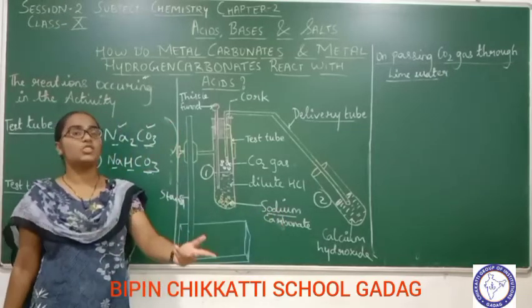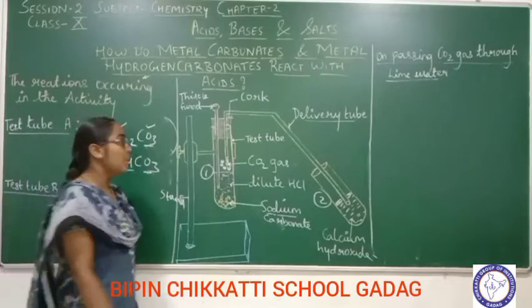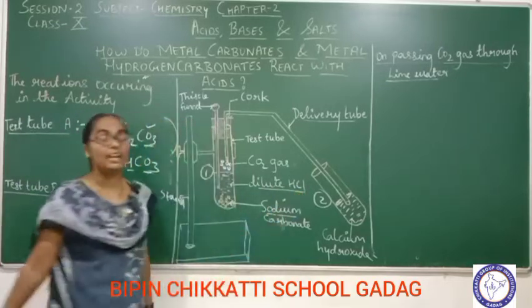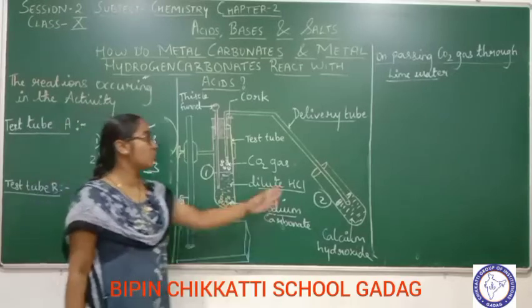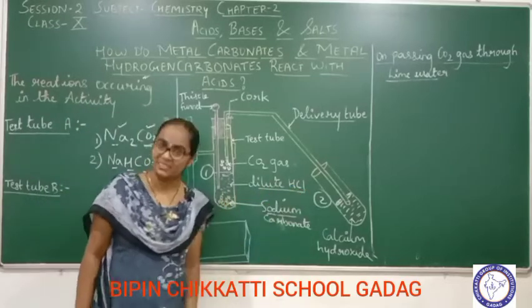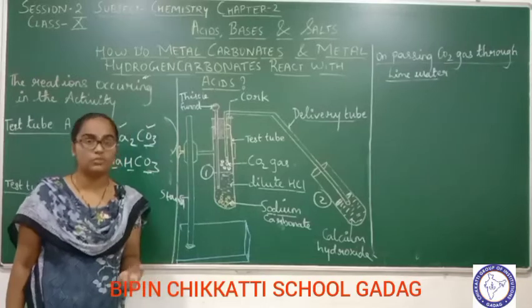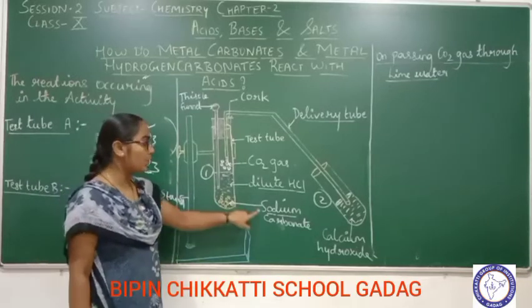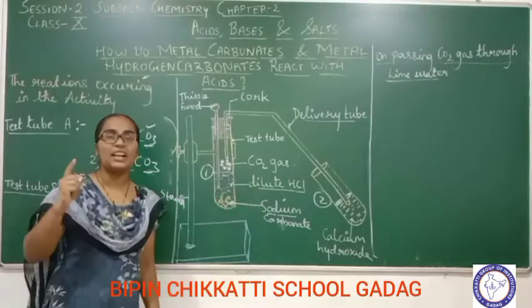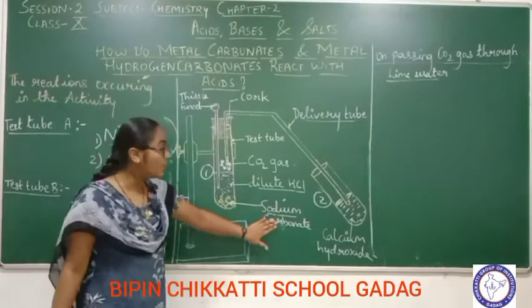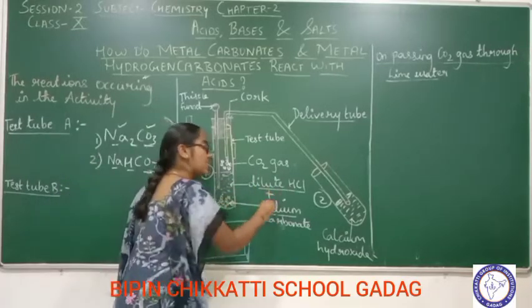The second reagent included over there is dilute hydrochloric acid, hydrogen chloride or hydrochloric acid, in dilute form. So sodium carbonate is the first reagent, and the second reagent is dilute hydrochloric acid. This metal carbonate has to react with the acid.